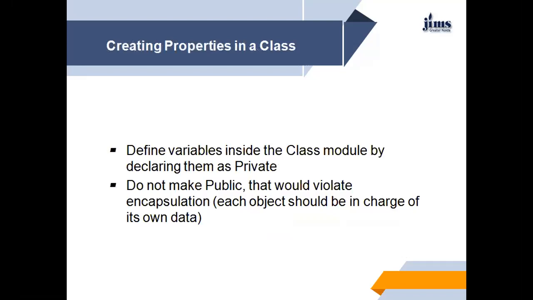Encapsulation is the mechanism by which a class and its objects are bound together, meaning the member variables and methods are bound together into a single entity called an object. Each object should be in charge of its own data. So do not make them public, because that would violate the encapsulation rule.